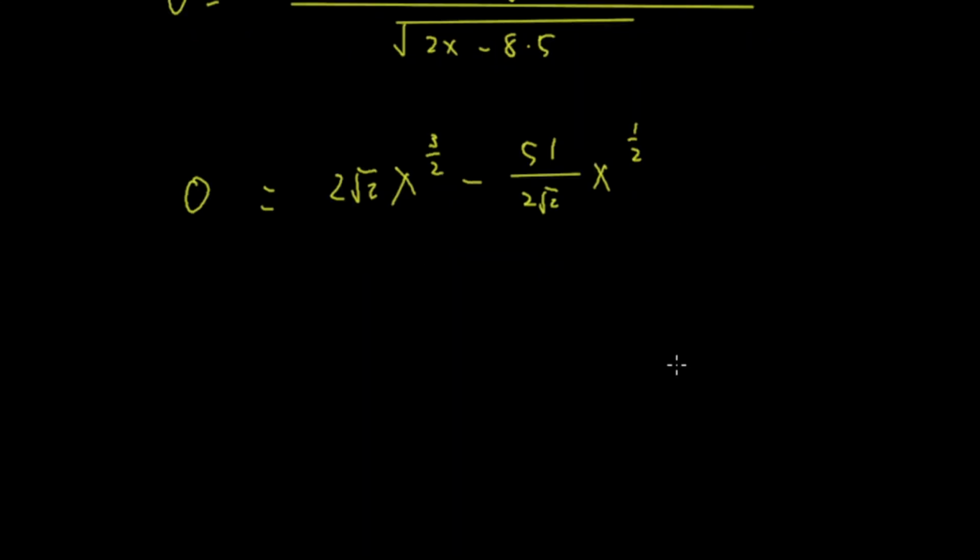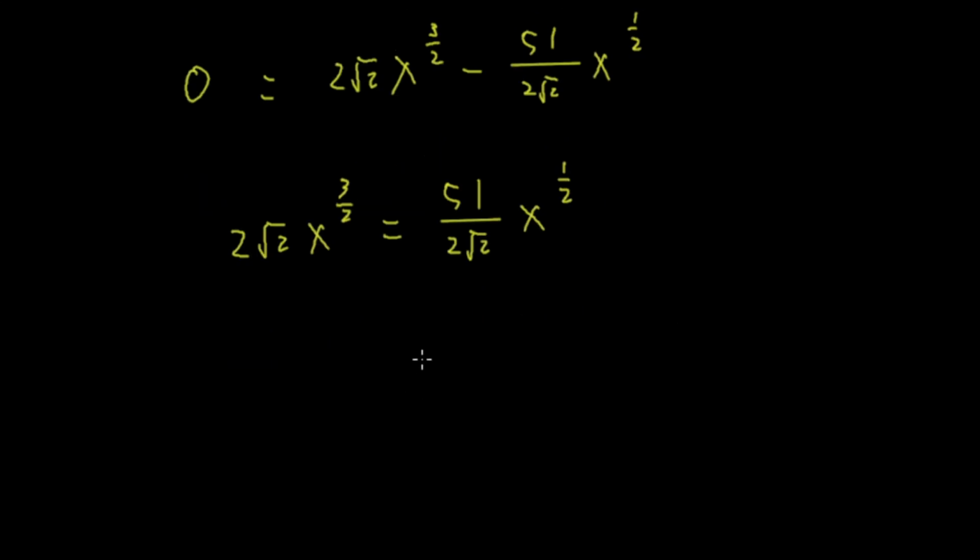Okay, now, that is the same as 2 times square root of 2 x to the 3 over 2 equals 51 over 2 times square root of 2 times x to the power of 1 over 2. Multiply both sides by 2 times square root of 2, right?